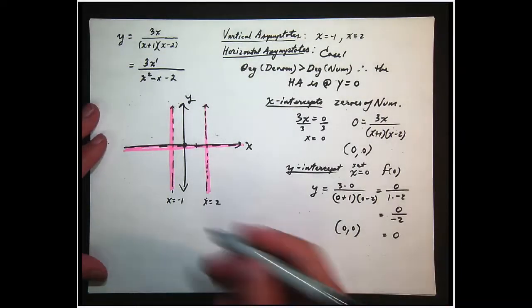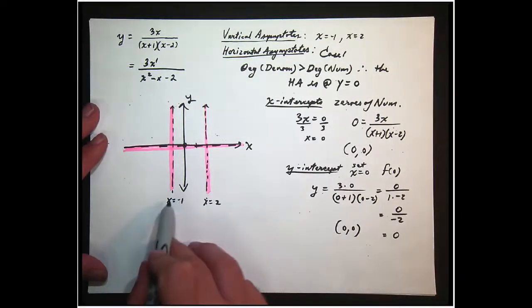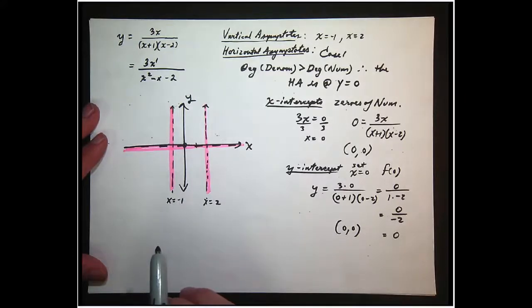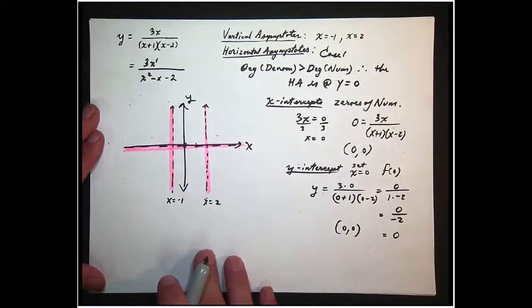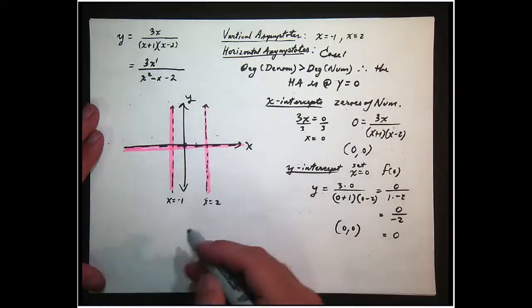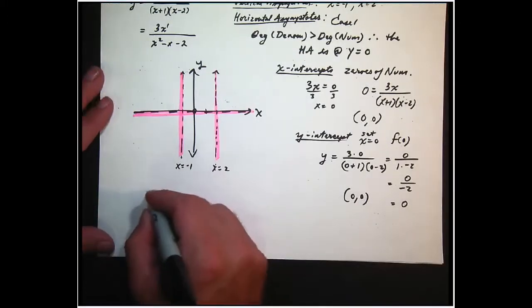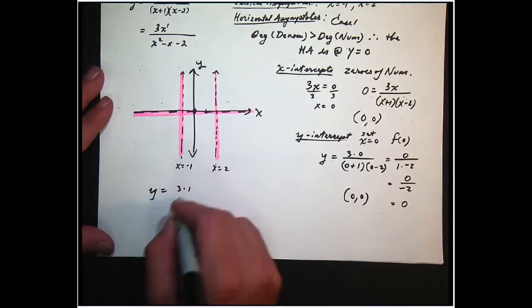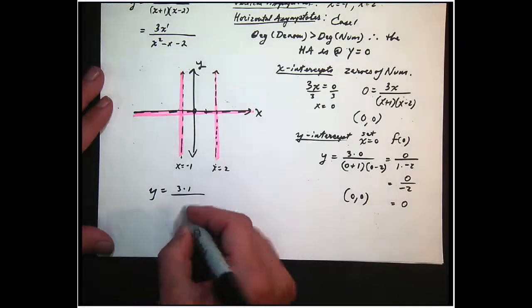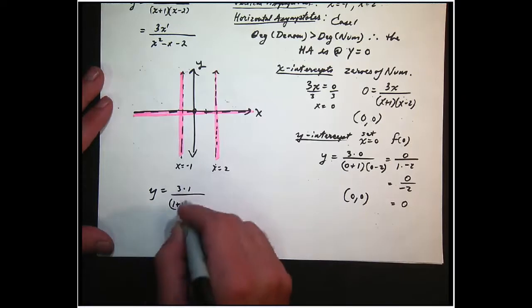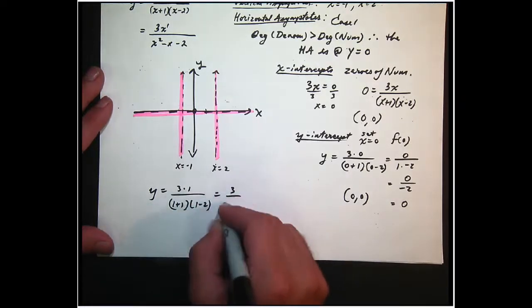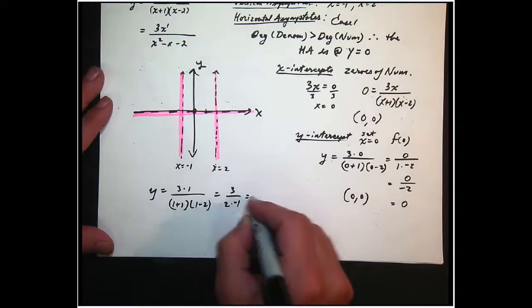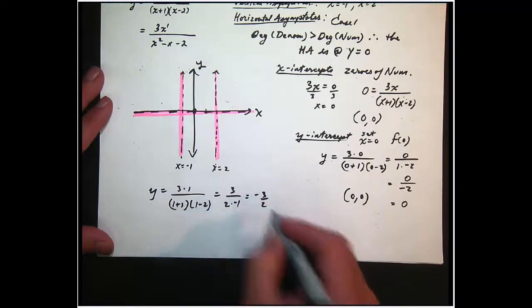How do I find another point? I pick a value that is not one of my asymptotes or on the y-axis, because I already found that. So let's say we pick 1. We would do y equals 3 times 1. We're finding f of 1, basically. 1 plus 1 over 1 minus 2 gives me 3 over 2 times negative 1, which gives me negative 3 over 2.